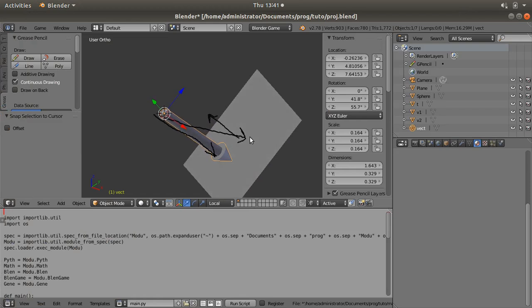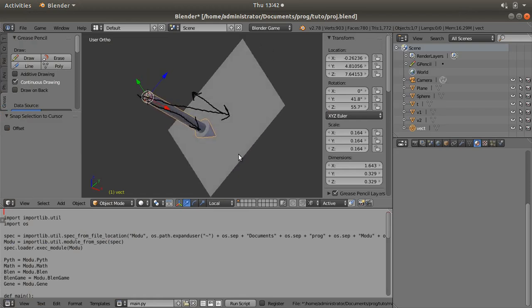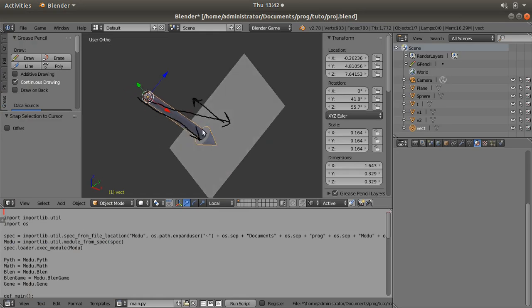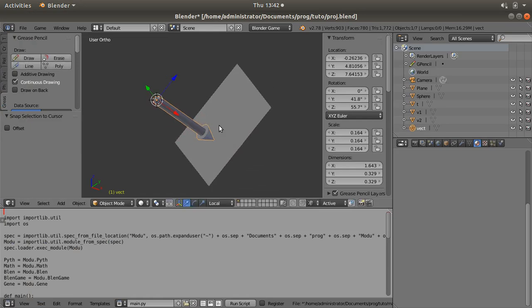So now is where you finally get to the meat of ray casting, and there's quite a bit of things involved in ray casting, especially to do it efficiently.